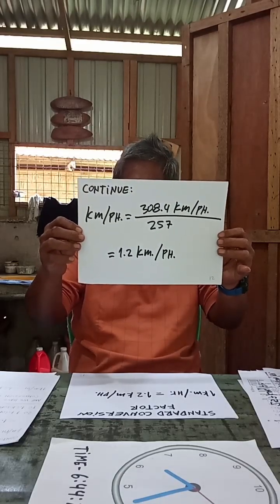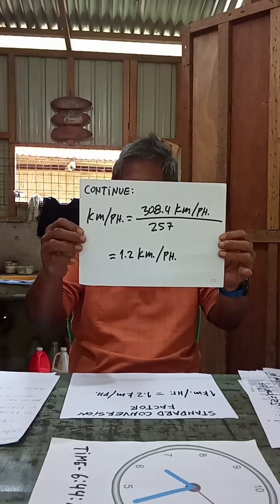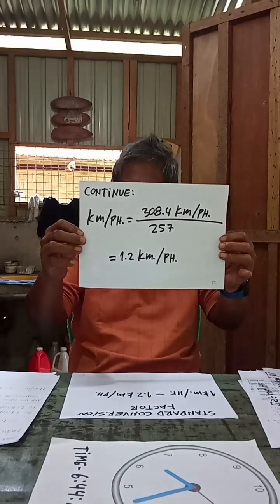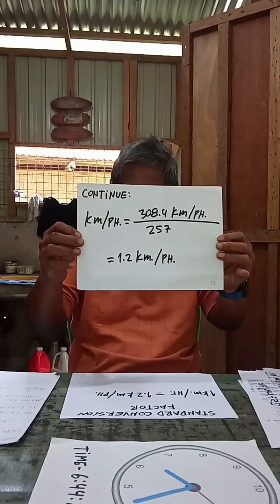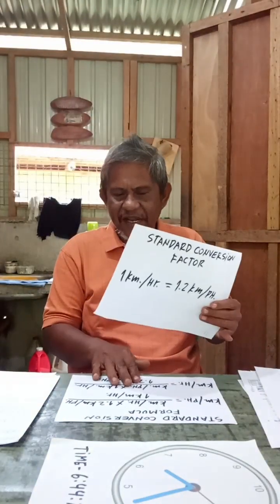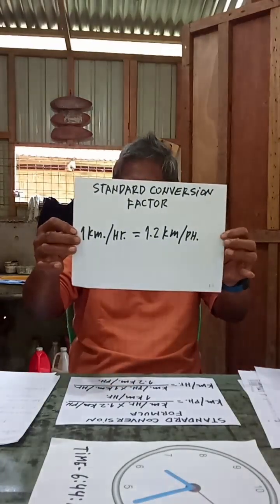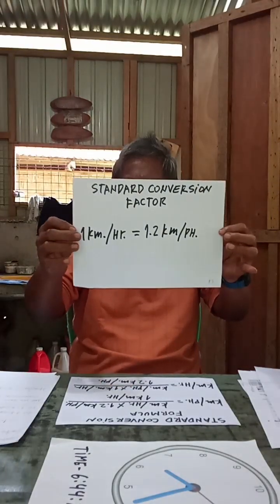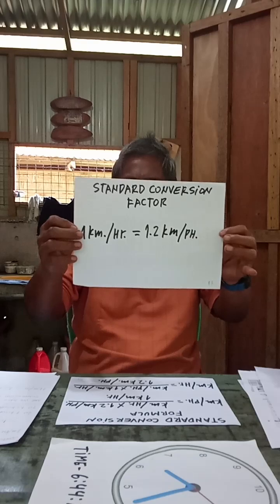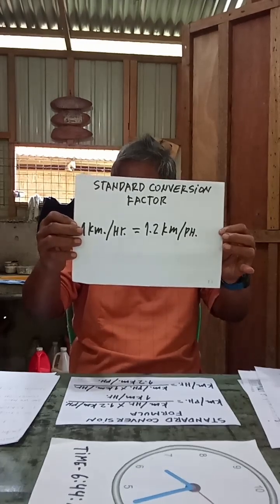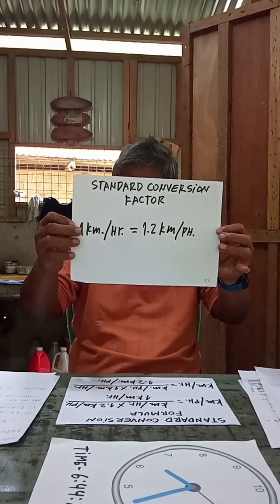So 1 kilometer per hour is equal to 1.2 kilometer per perihour. And we now have a standard conversion formula: 1 kilometer per hour is equal to 1.2 kilometer per perihour.